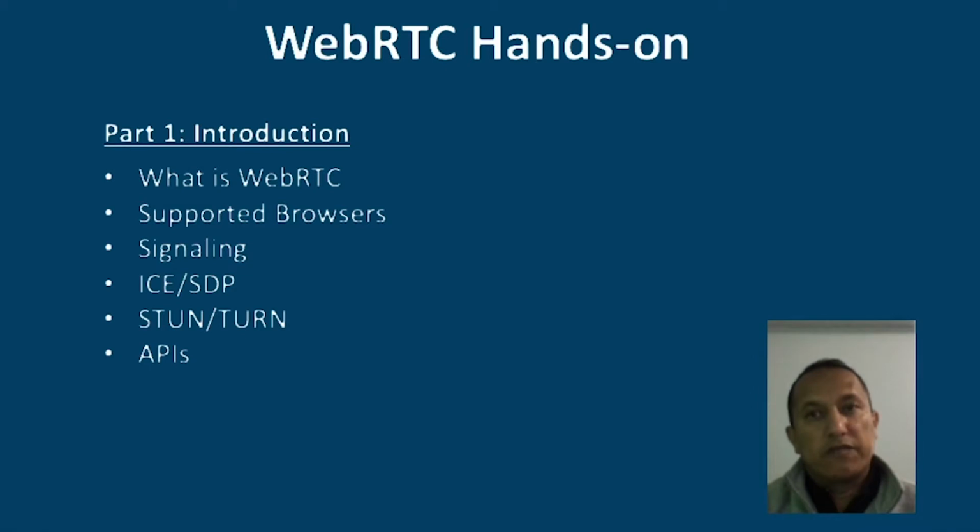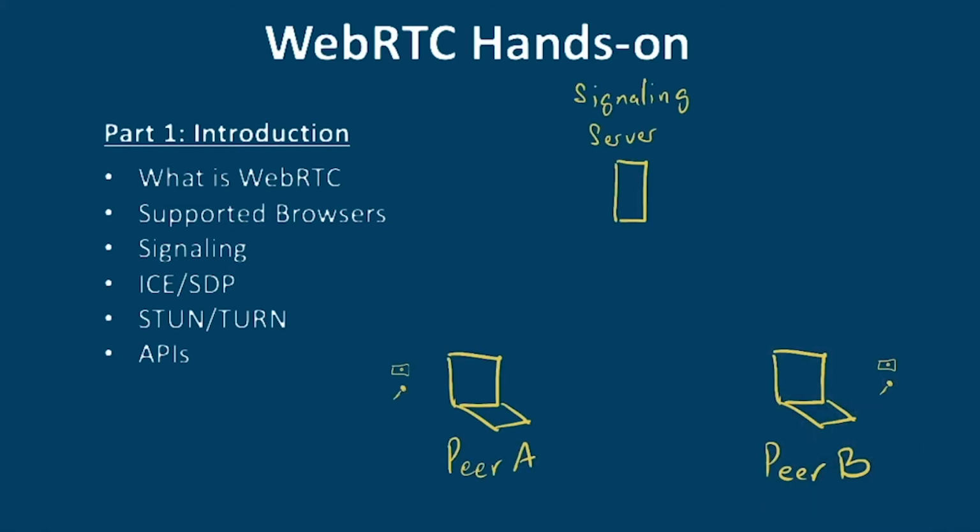Let us quickly visualize the flow. So I have a very simple diagram here, which shows two peers, peer A and peer B, and the goal is to establish a connection between these two peers. However, as per the flow, we first need to get access to the media devices, and assuming that we have done that already, these two peers will need to know how to find one another on the internet.